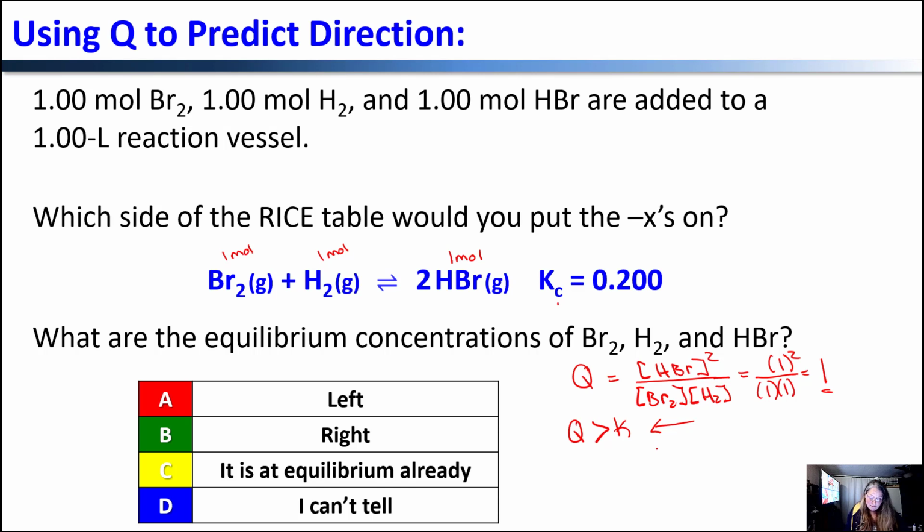So in this case, my HBr would be decreasing. So I'm going to have a minus 2x here, and this would become a plus x because that's the direction it's going. That's the benefit of doing our Q calculation: it lets us use our RICE tables to actually determine what these quantities are. So let's give that a go.